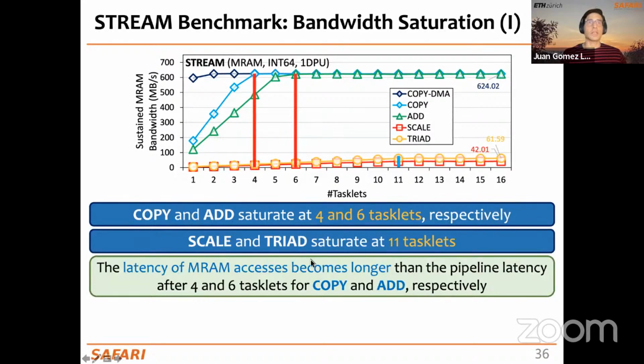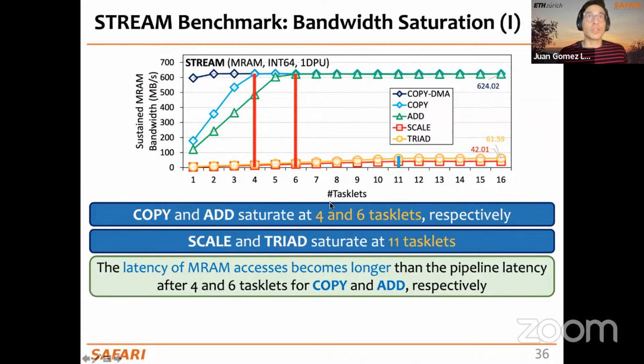The reason for this is that as we start increasing the number of tasklets from 1 to 4 or to 6, we are also increasing the total latency of the MRAM-WRAM and WRAM-MRAM data transfers that we are requesting to the DMA engine, because these transfers are sequential: there is a single DMA engine and it can only sustain a single transfer at a time. Every time that we start executing a new tasklet, we are increasing the total latency of access to MRAM, right?